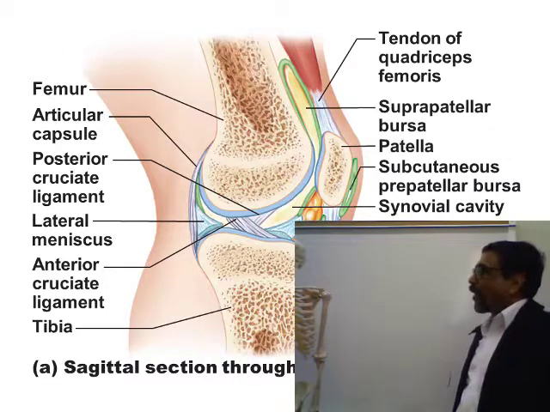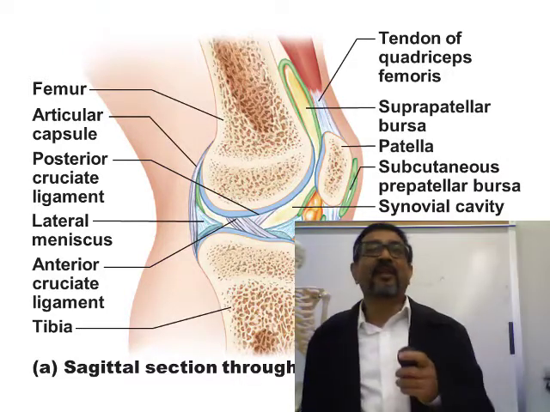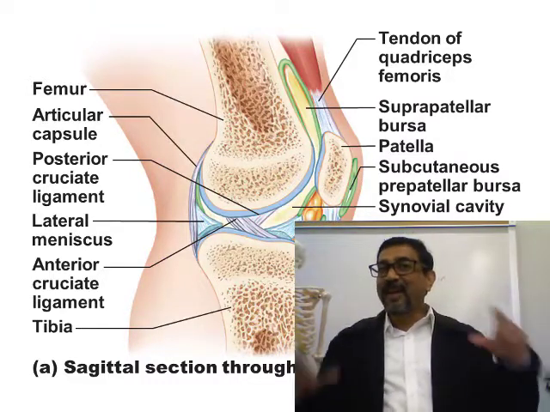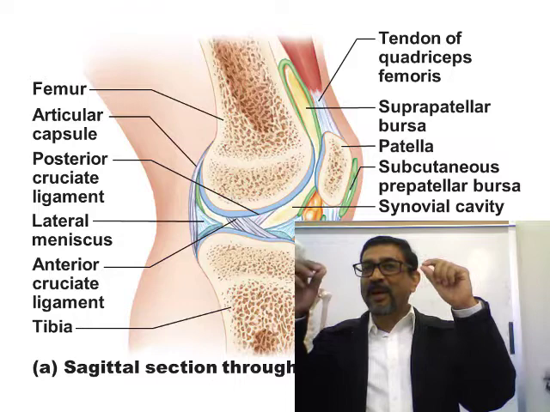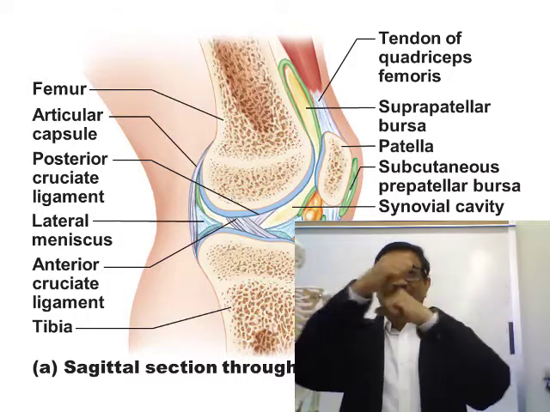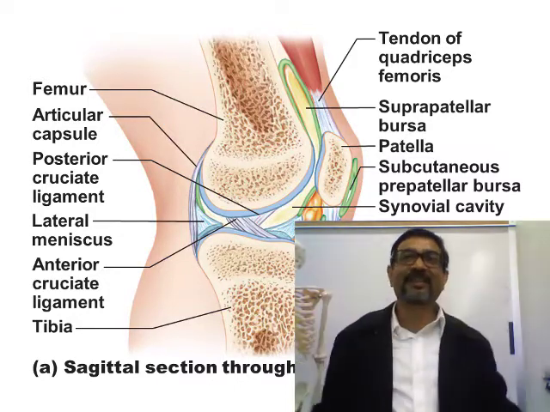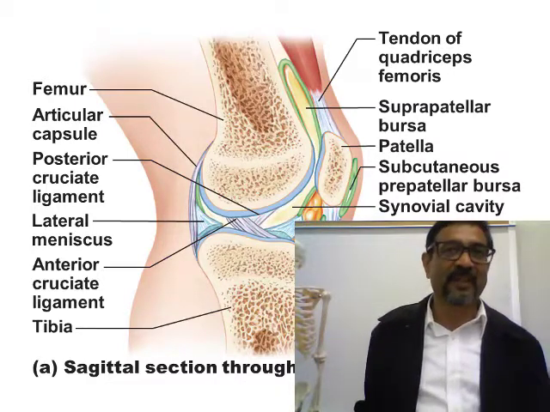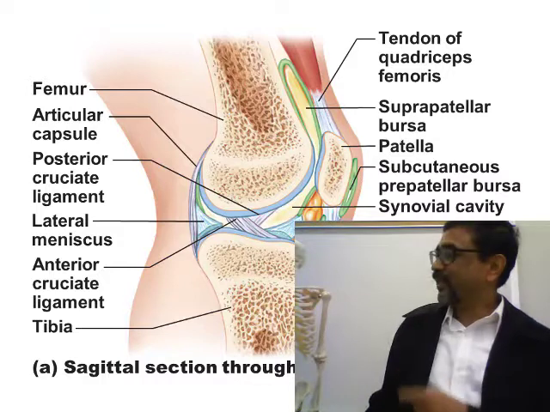Now, since this is a large synovial joint, you have those flattened fluid filled sacs called what? Anybody? That roll, bursa, right? So since this is a large synovial joint, you have a number of bursa here. Those green structures.